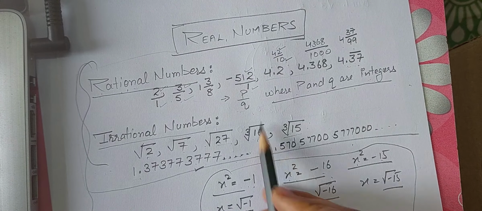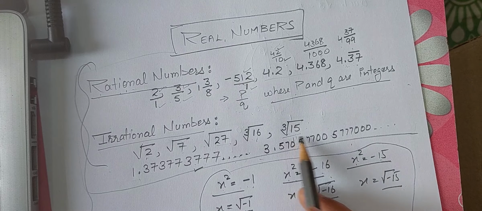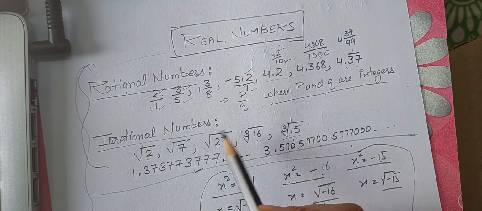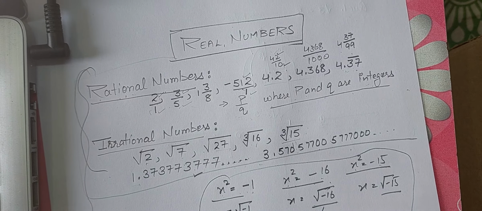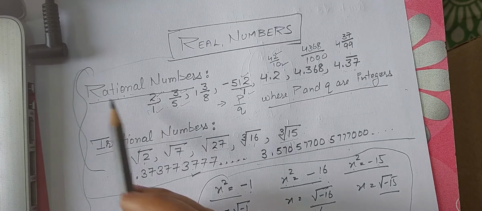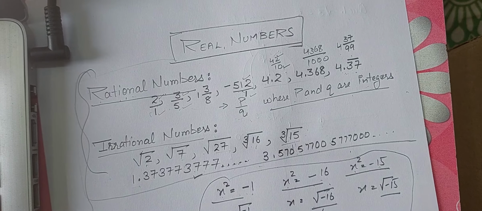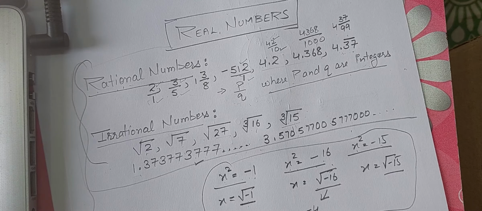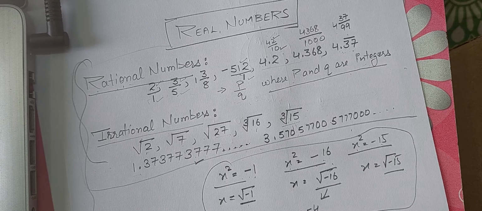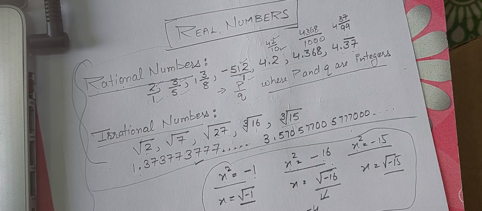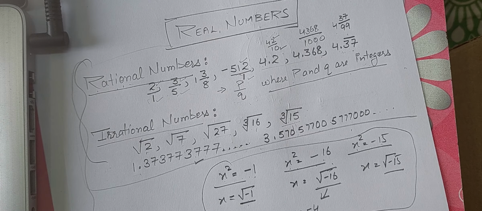So this is a real number, this is a real number, these all are real numbers. And we do have a way to locate them on the real number line. We can locate all these numbers on the real number line. When you can position those numbers, that means those are real, because you can find out their length.